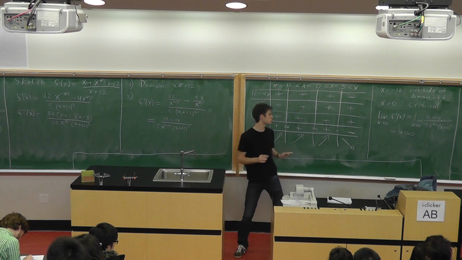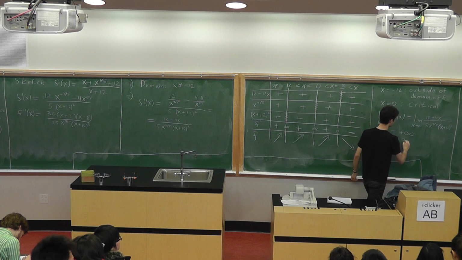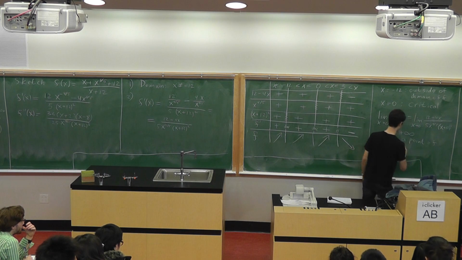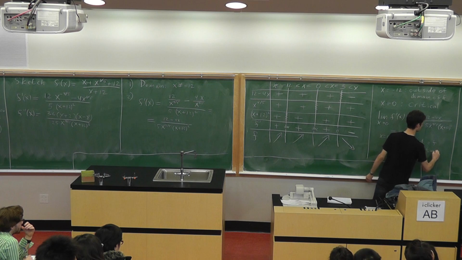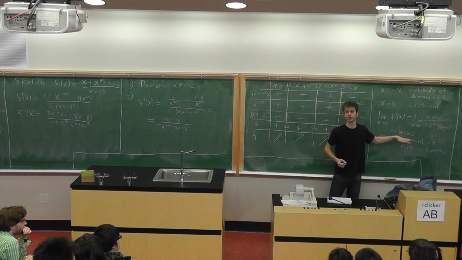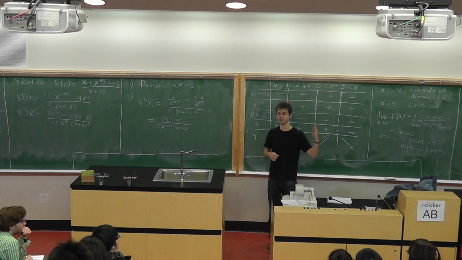So now I'm absolutely certain that x equal to 0 is a point of vertical tangency. The tangent line, as you approach the point 0, becomes increasingly vertical.